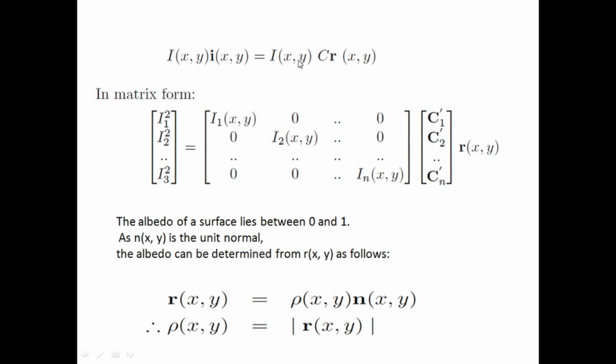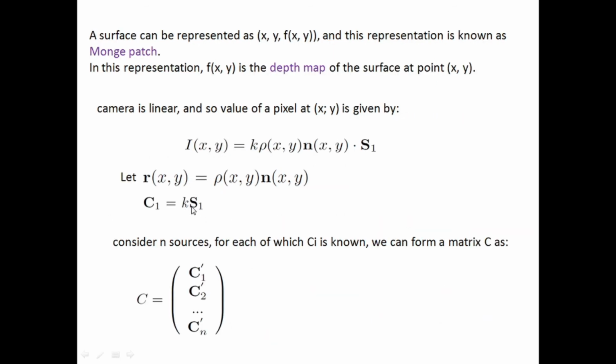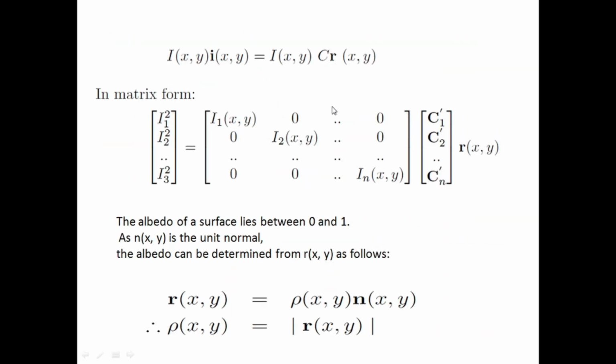So I of x comma y equals CR of x comma y. Now what is this I of x comma y? The same thing I have produced here. C is nothing but this. What is C here? C equals a camera constant into the source of light. The camera constant is in my hands, and the source of light is also a known factor for me. So what am I going to get here?